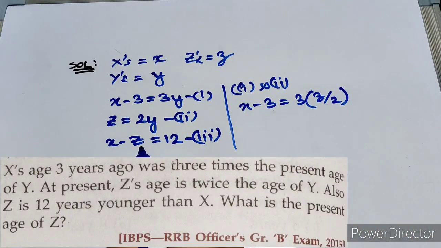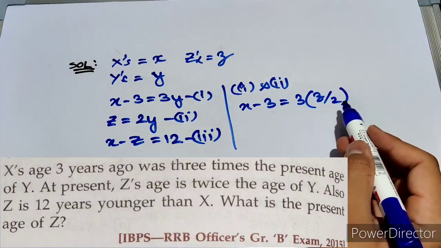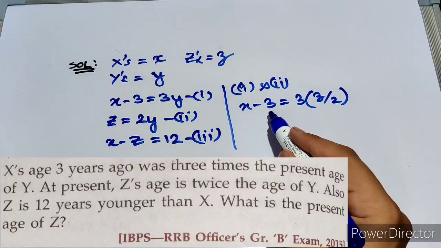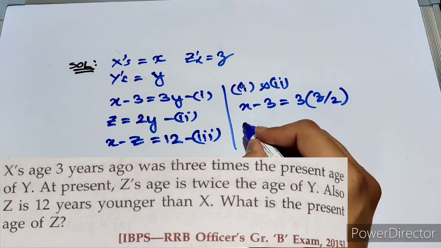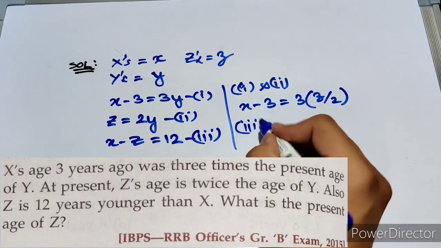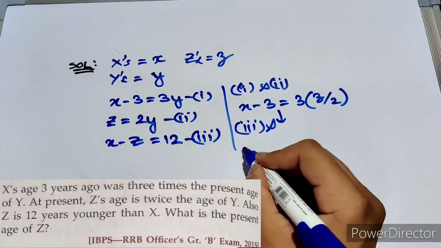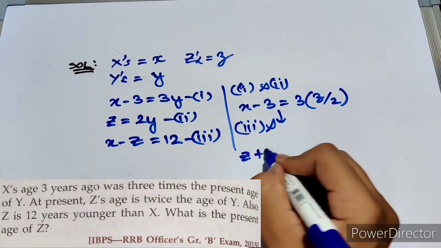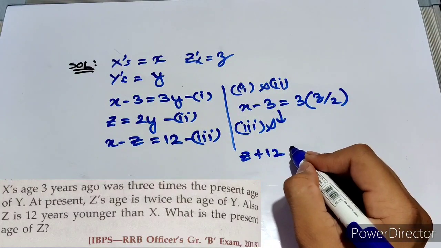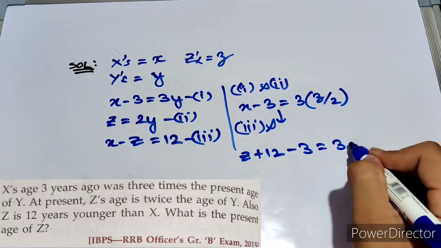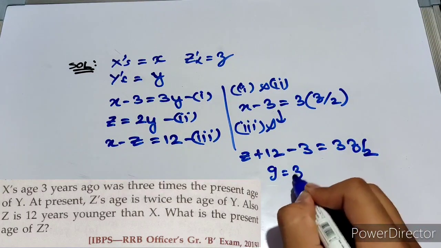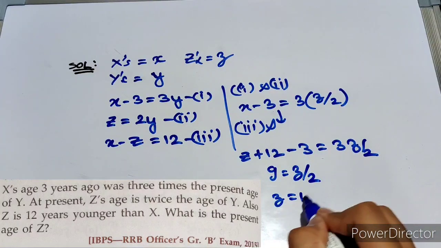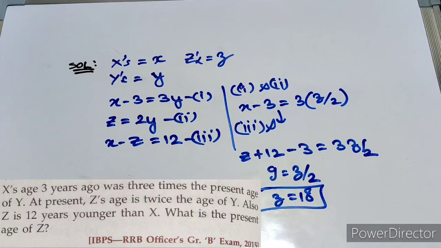Now the third equation is also in x and z, so we can substitute x is equals to z plus 12 in this equation. We get z plus 12 minus 3 is equals to 3z by 2. It will be 9 equals to z by 2 and z equals to 18. Easy question. Okay.